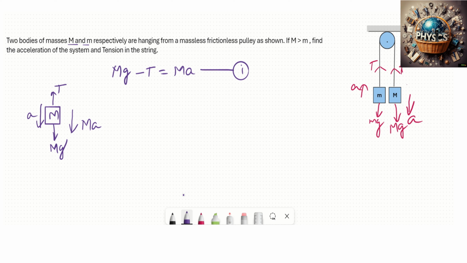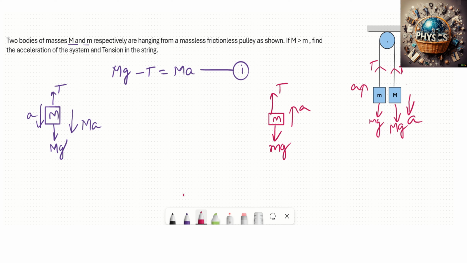Now similarly, let's draw the free body diagram for the second mass. Again, let me draw in a different color, so it's small m, and its weight is acting downward, the tension is acting in the upward direction, and this is moving upward because the string is going down on the other side.